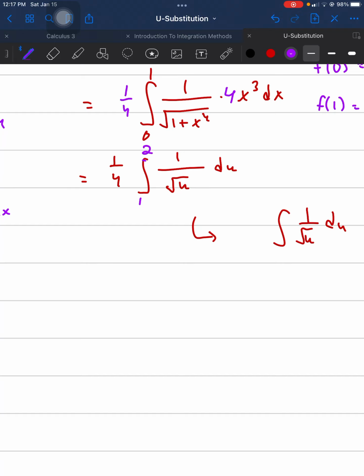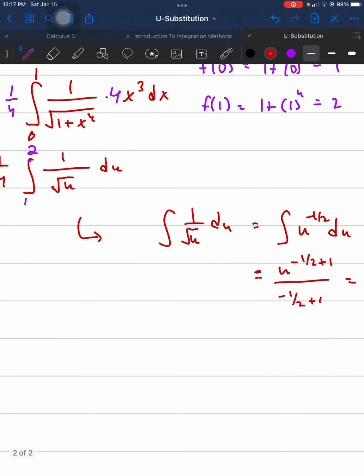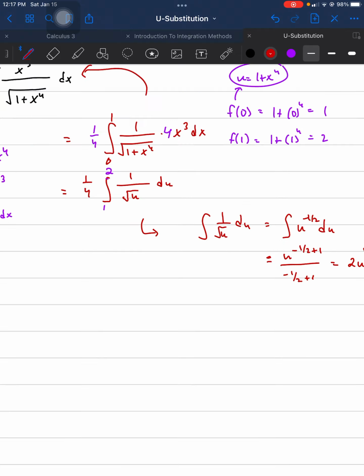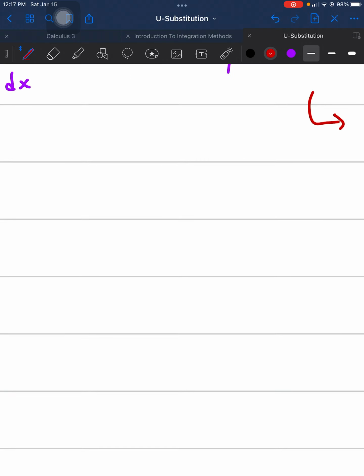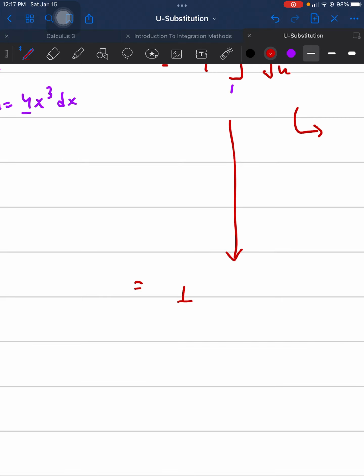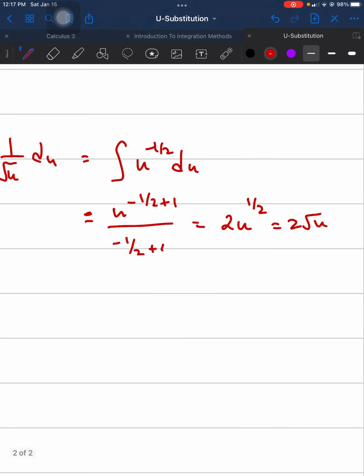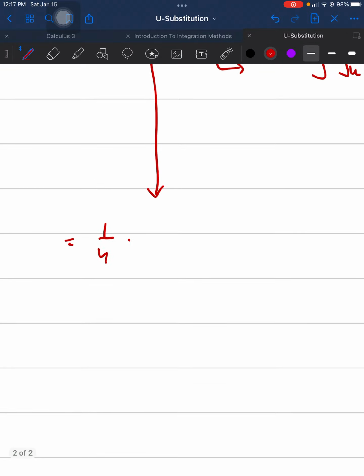So once we get to that, now that we have our bounds changed, now that we have our indefinite integral that we needed, now we can just start evaluating. I'll bring this all down here. So we are left with 1/4 integral from 1 to 2, and we know that indefinite integral is basically this right here.